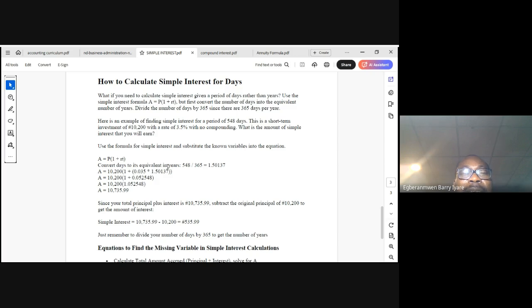P times R. R is 0.035 times T. T is 1.50137. So when you multiply it together, 10,200 times 0.035 times 1.50137. When you do that, you are going to get 535.99.